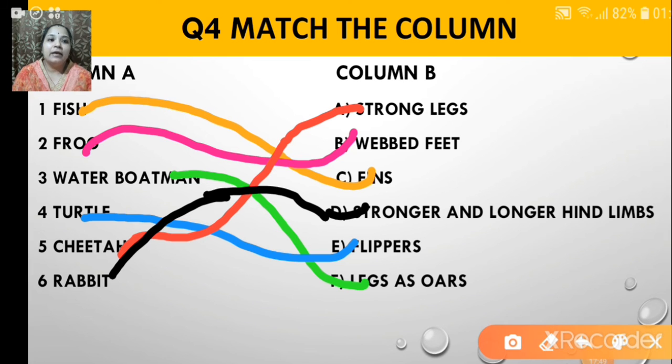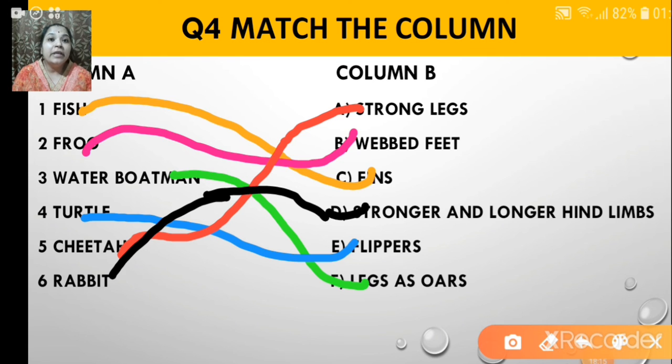Rabbit has stronger and longer hind limbs. The insect called grasshopper also hops like a rabbit because both rabbit, hare and grasshoppers have stronger and longer hind limbs which help them to hop.